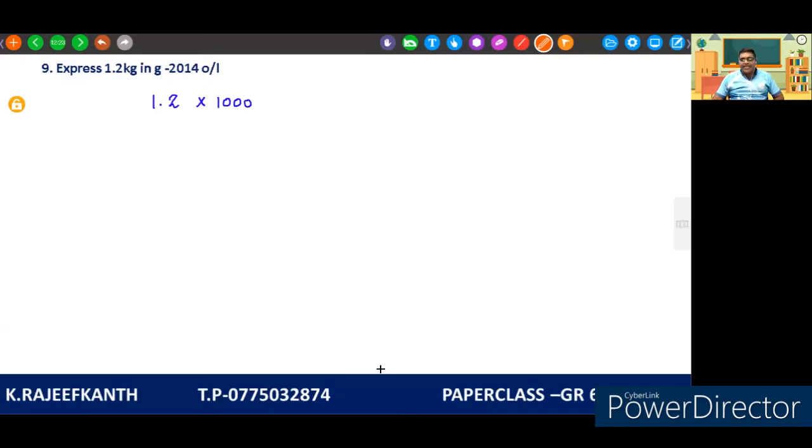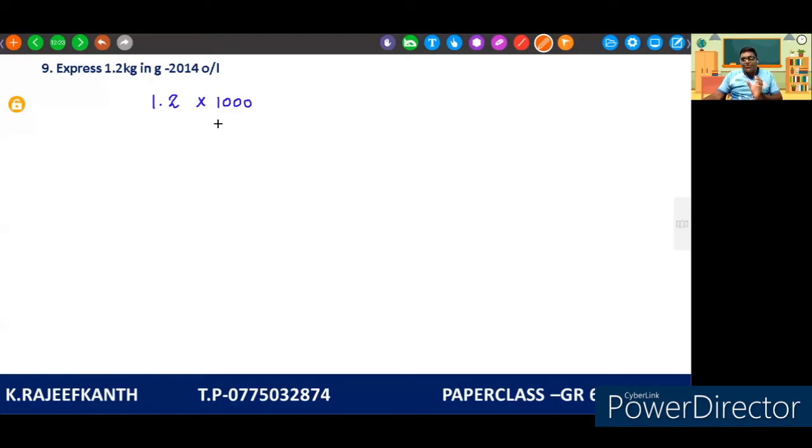Some students have already learned how to multiply a decimal number by powers of 10, that means 10, 100, 1000. We learned this in grade 6, though it is in the grade 7 syllabus.